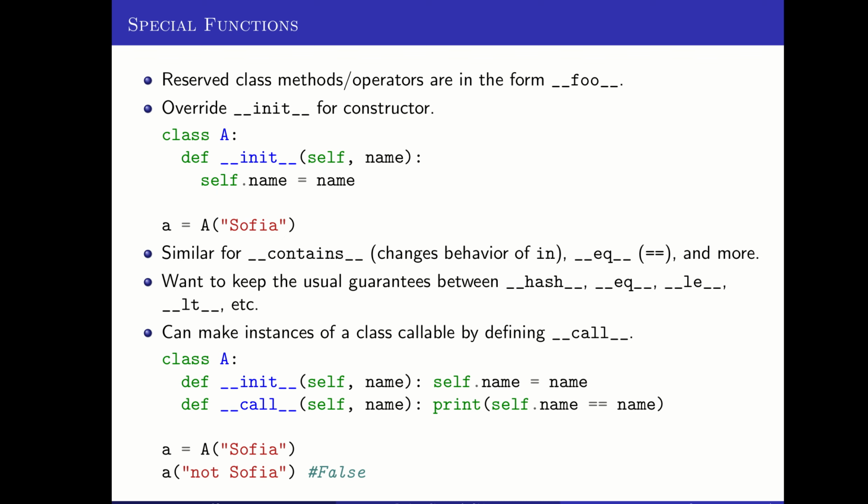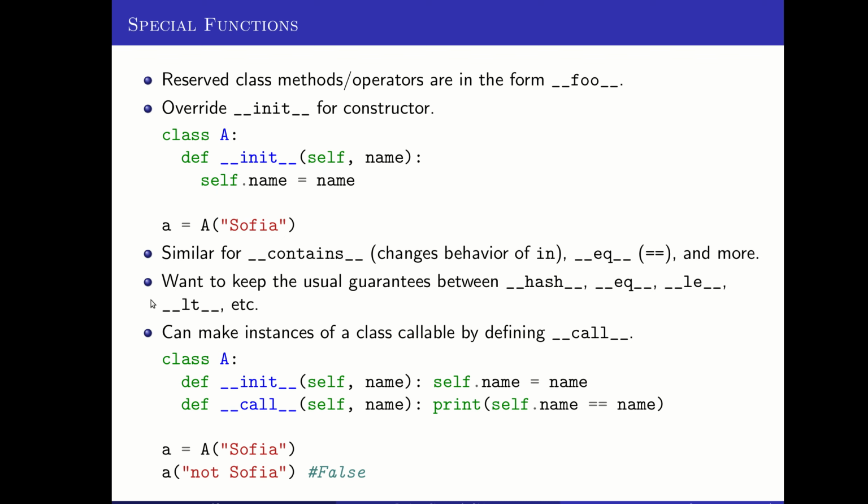If something is not greater than and not less than, then equal had better return true for us. And similarly, if two things are equal, they ought to return the same hash, and all of those. So if you override one and you think there's any chance at all that the others might be used, then you should probably override them too.